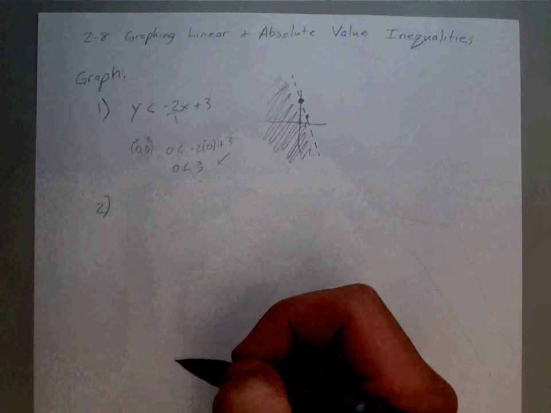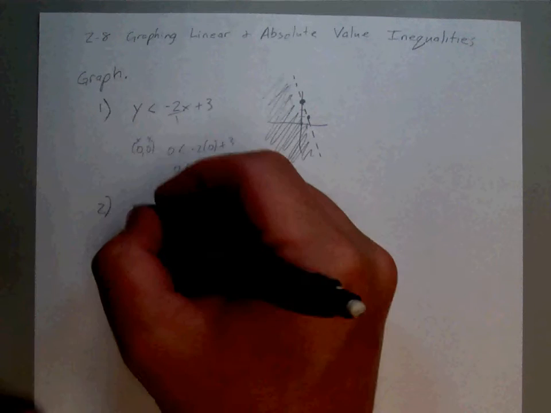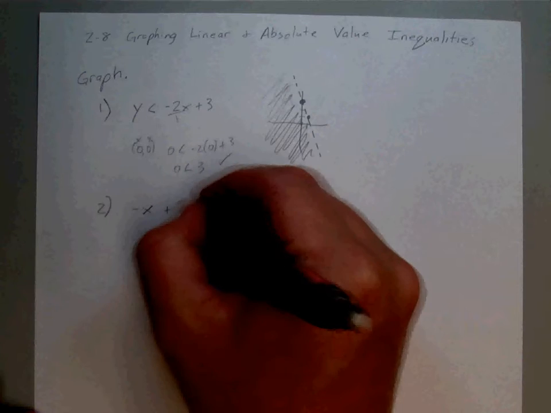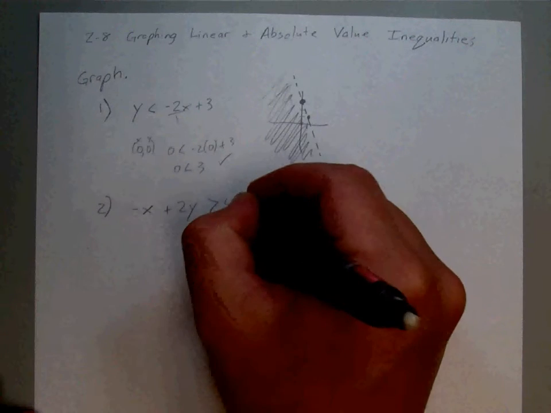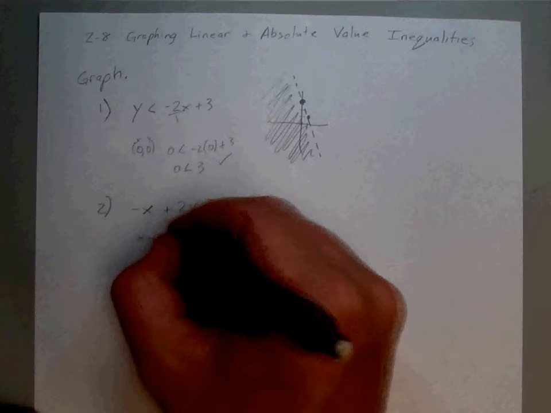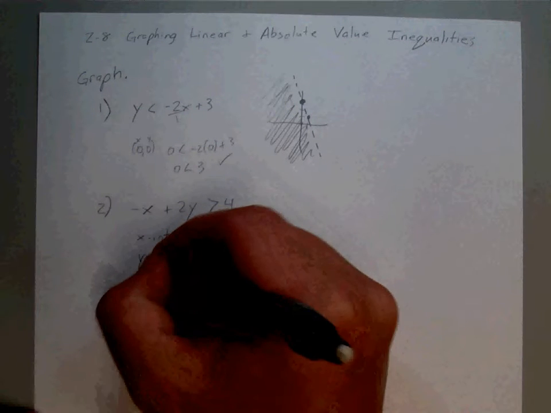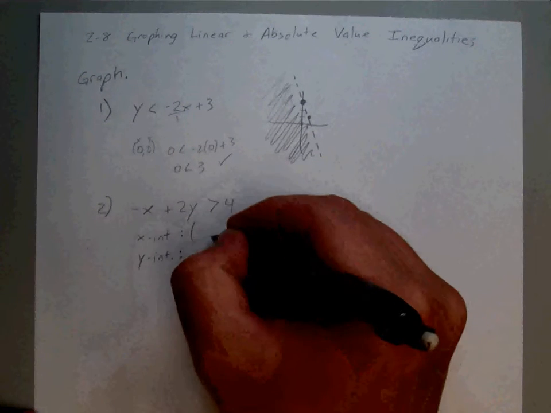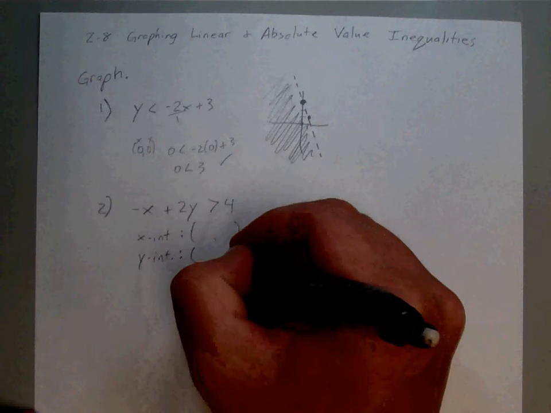Okay, now let's try one that's in standard form. Negative x plus 2y is greater than 4. If you want to put it in slope-intercept form, you can, or you can find your x and y intercepts. So x and y intercepts are ordered pairs.